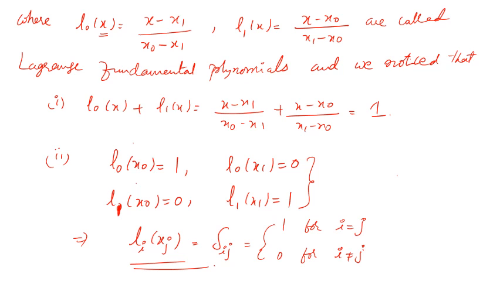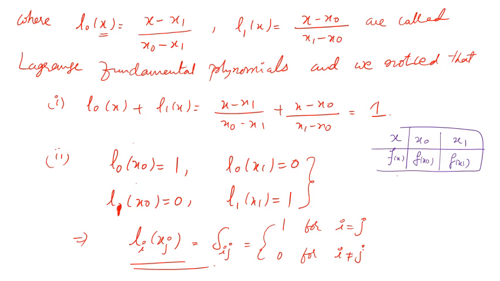To explain this concept, remember, this is the data: x versus function of x. How many data points am I considering? Only 2 data points, x0 with f of x0 and x1 with f of x1. Then how to write Lagrange's polynomial P of x? The differences are x minus x0 and x minus x1.